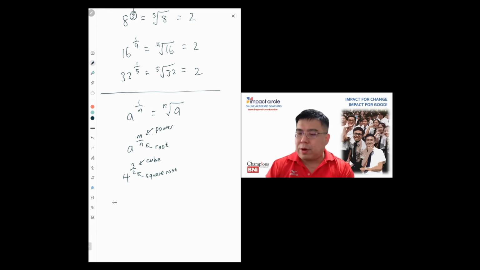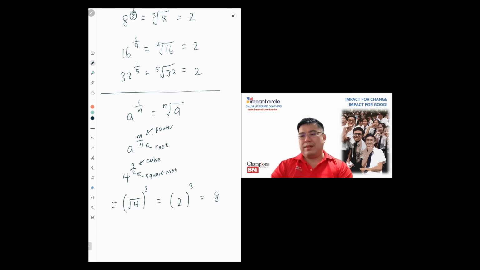So we will take the square root of the number first, and then cube it. So the square root of 4 is 2, and then we will cube 2, which will give us 8.